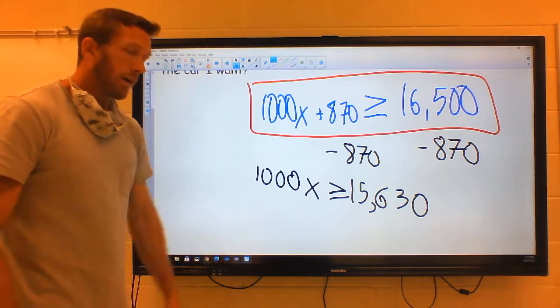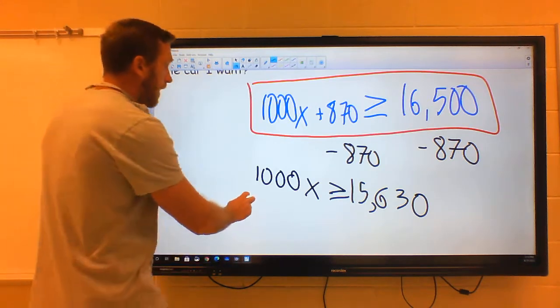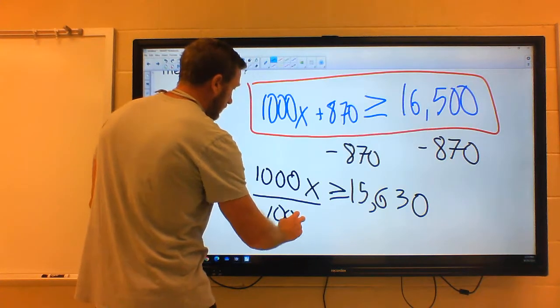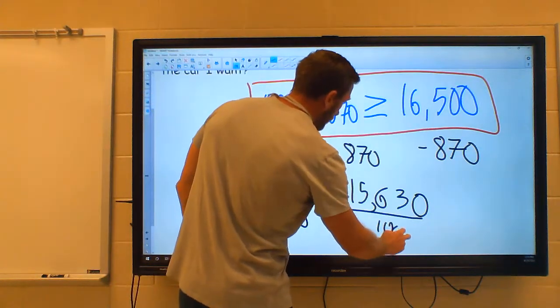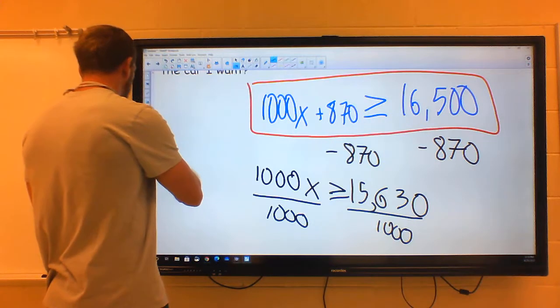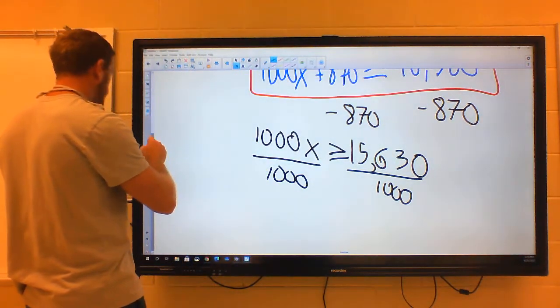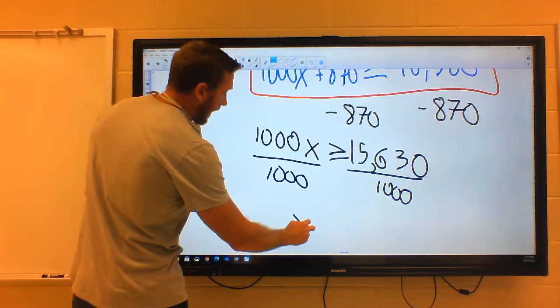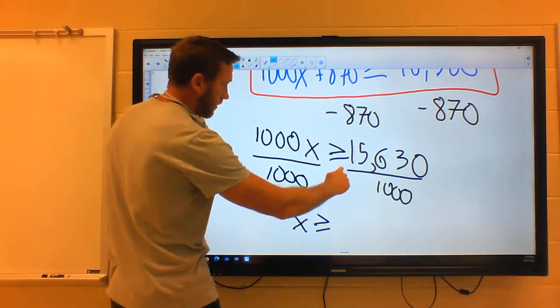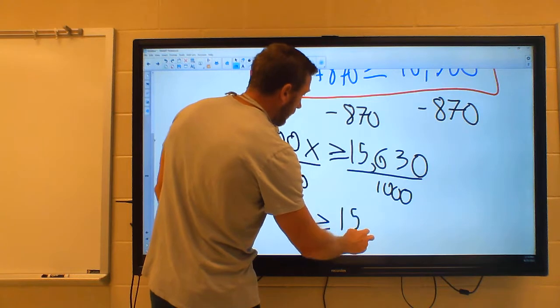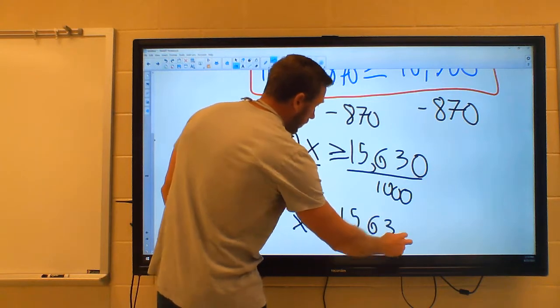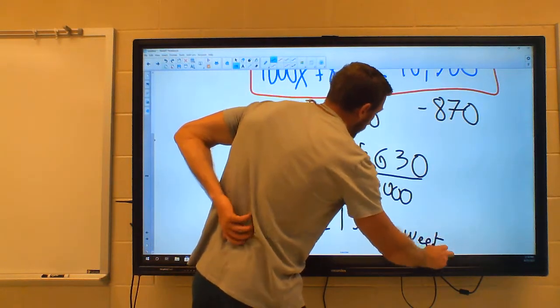Okay, we want this to be bigger than that. Divide by 1,000. You're going to get x is greater than or equal to 15.63 weeks.